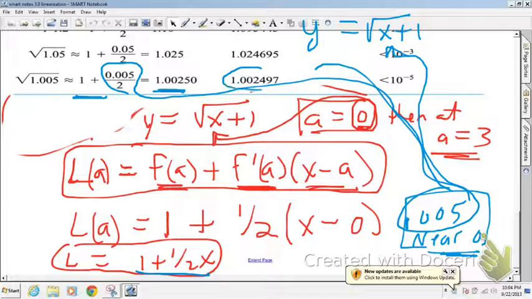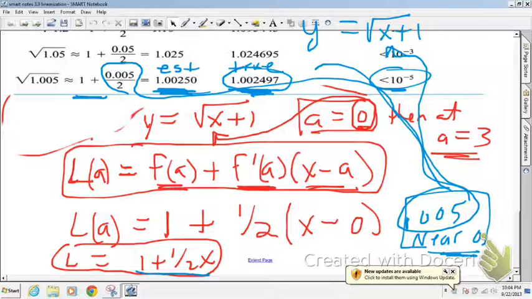You're going to get this number here. So what I want you to note here is estimate, true, and then this is the difference. So if I walk out a little bit away from the center of my approximation, say 0.005, I'm still going to get a functional value that is very, very close to the true functional value. So the estimate and the true value are within very close distance of one another.